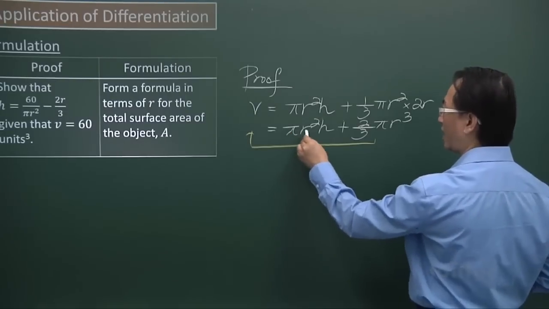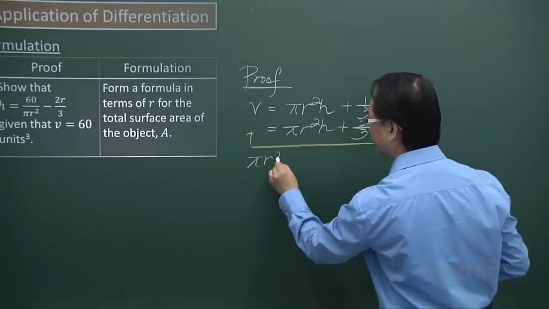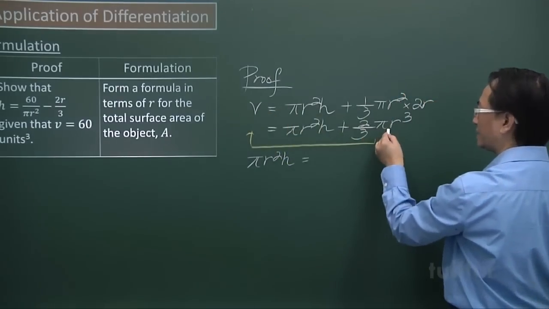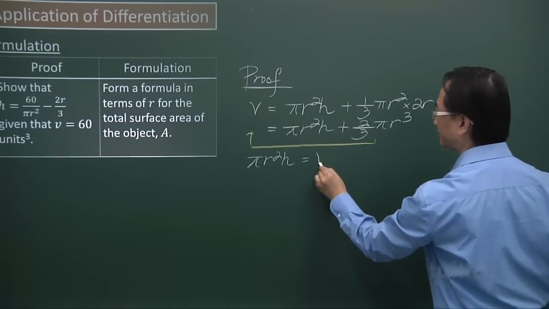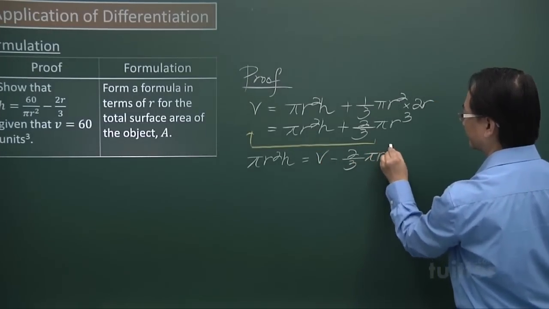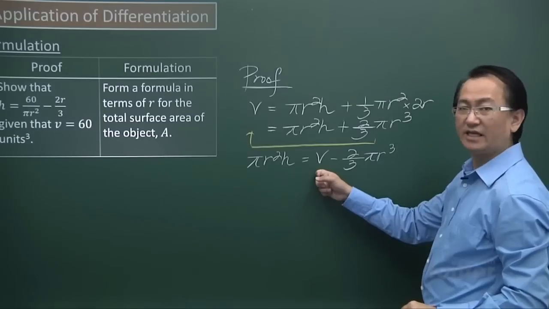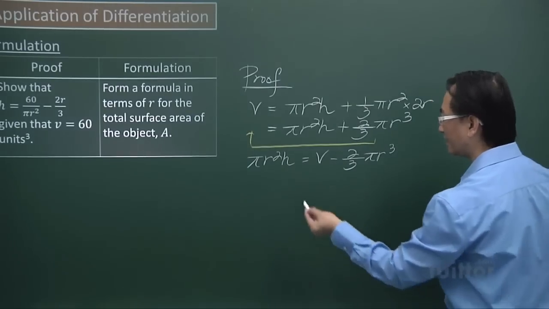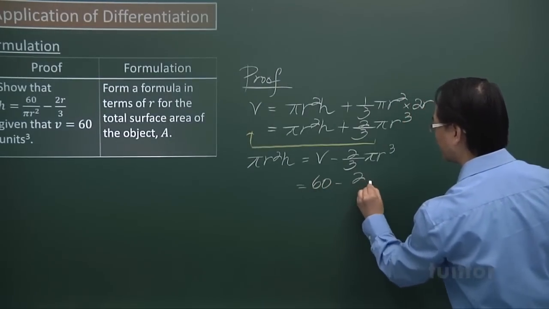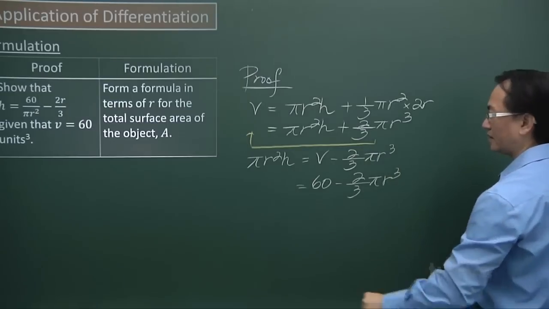So I would have pi r squared h equals to v minus 2/3 pi r cubed. So since v is given as 60, so I put it down as 60 minus 2/3 pi r cubed.